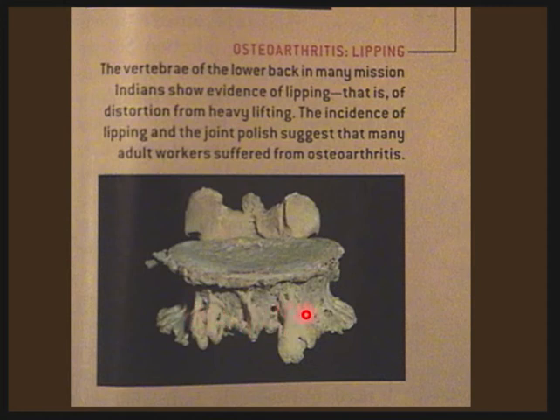This is all bony deposits from arthritis. It's called lipping on the vertebrae, because all of the cartilage in between the vertebrae was worn down through heavy work. The bone rubbed up against bone and produced scar tissue on the vertebrae.